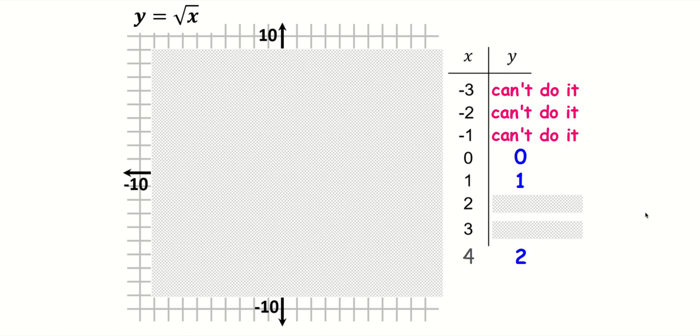Well, hopefully you're thinking that there probably is such a number, but it's not a nice number. It's kind of a number you'd have to approximate. So yeah, there is an answer to the square root of 2. It's irrational, right?